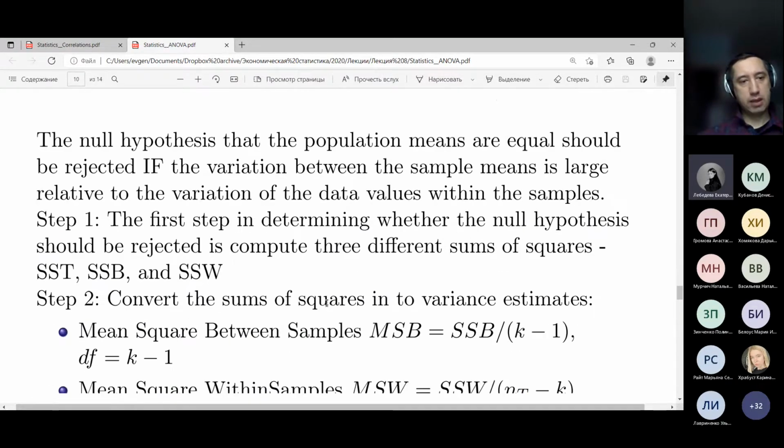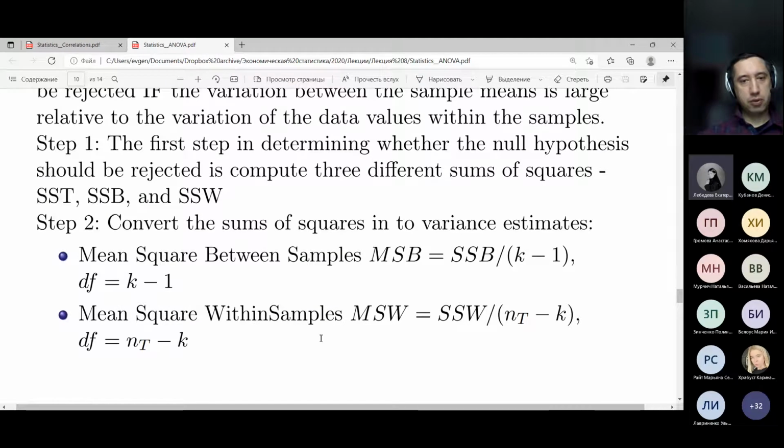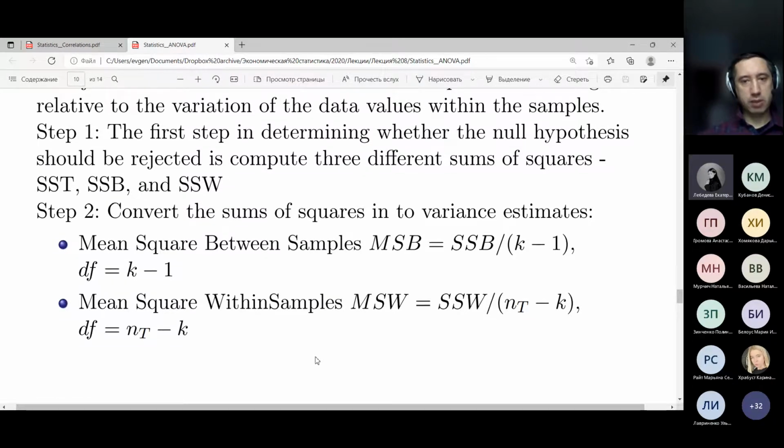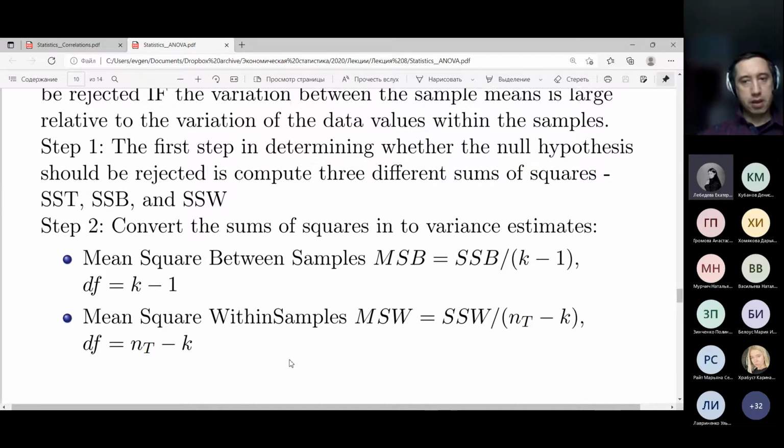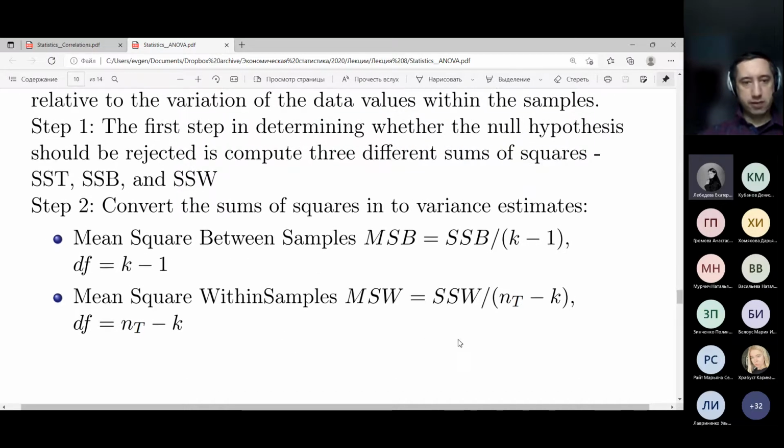Next step, we have to calculate mean square between samples, and we have to estimate degrees of freedom. Mean square between samples is easily calculated. You use SSB and divide it by k minus 1, where k is the number of levels in your analysis. And apply a similar formula to estimate mean square within samples.